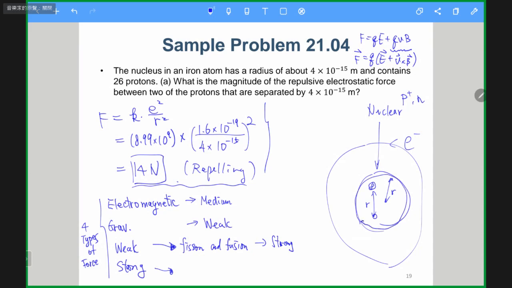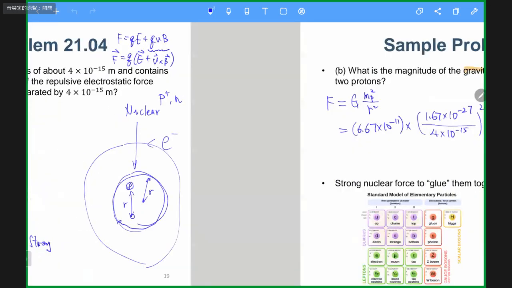Otherwise it would just explode because of the strong repelling force. So there is some force acting between the particles. Of course, we won't go deep into this.